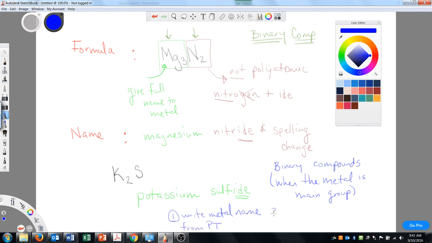And two, write the first syllable of the nonmetal plus IDE. That's it. Okay, so I'm going to throw up a couple practice problems for you to work on, and then we'll move on and we'll make a small video about how to go the other way. Okay, so that's how we're going to turn a formula into a name.